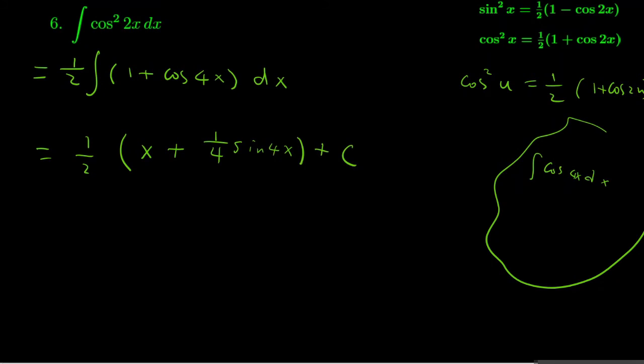You could leave the final answer like that, or I could give you one more step. You have 1/2 times x, and then you have 1/8 times sine of 4x, and then plus c.